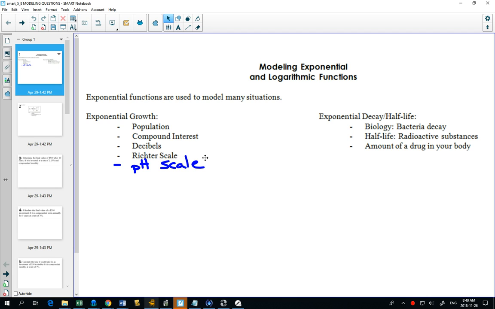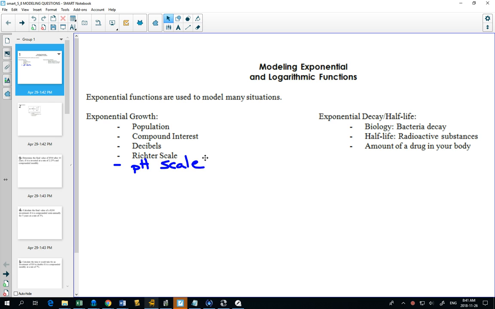In fact, it's 10 times more intense. And then an 8.2 is 10 times more intense than a 7.2. So if you compare a 6.2 to an 8.2, the 8.2 is 100 times bigger than a 6.2.